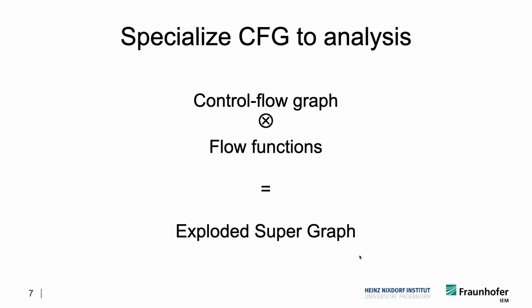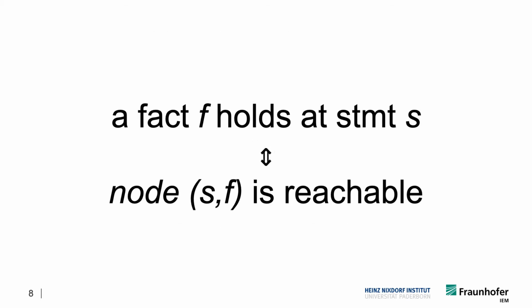And once you have this exploded supergraph, then you have this nice correspondence here. So a given data flow fact F that you may want to compute holds at a given statement S if one of these exploded supergraph nodes, S, F, is actually reachable in the graph, right?